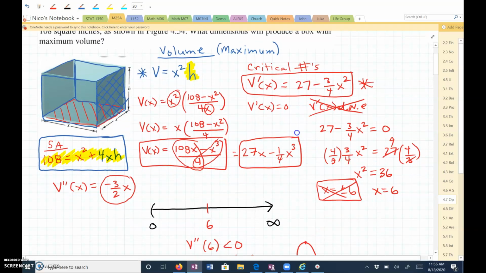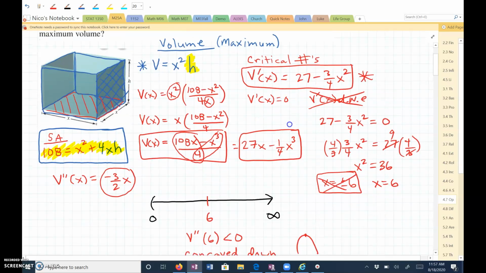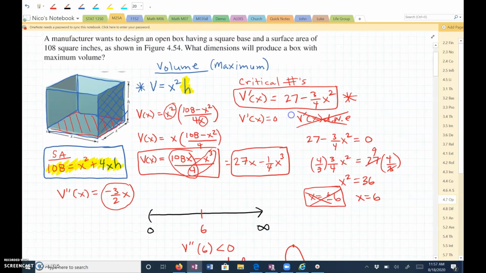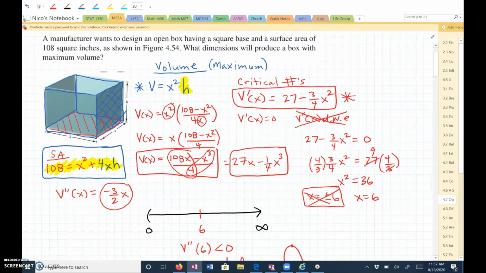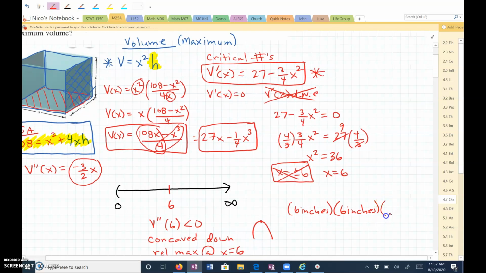So now, to answer the question, what are the dimensions that will produce a box with maximum volume? Okay, so x would be 6 inches by 6 inches by h.